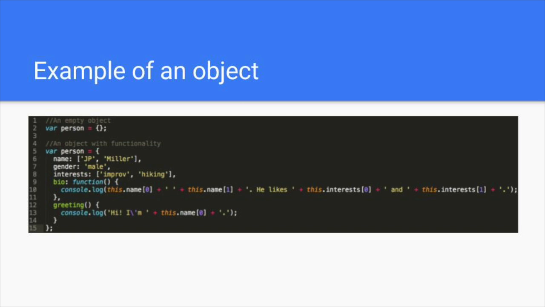Inside the object, we see several key value pairs. The property on the left is the key, such as name, gender, interests. The string, number, object, or other data type on the right is known as the value. JP, male, improv. Thus, we call this the key value pair.